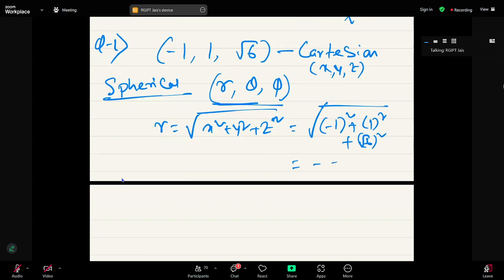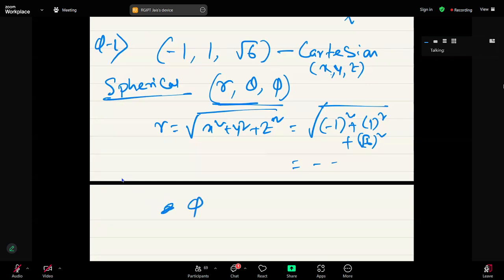Okay. And what will be the value of theta in terms of x and y? Can you guys tell what will be the value of theta? What is the value of phi in this case?